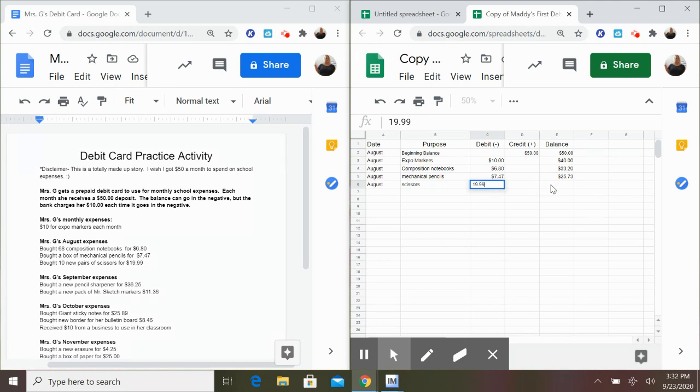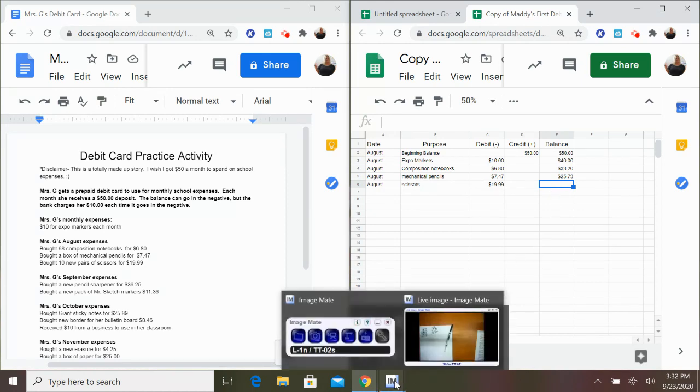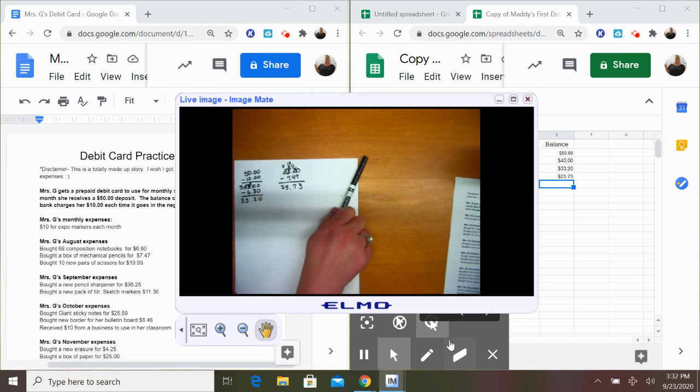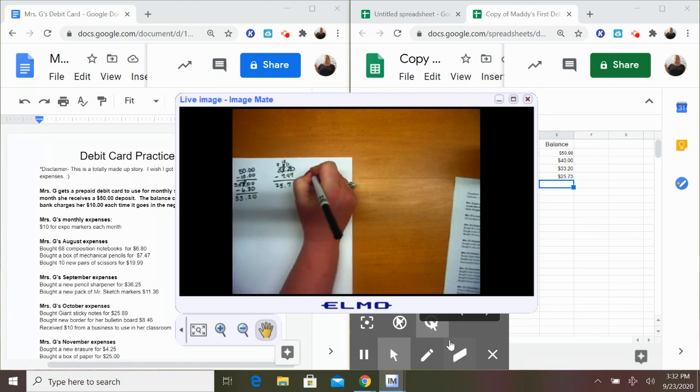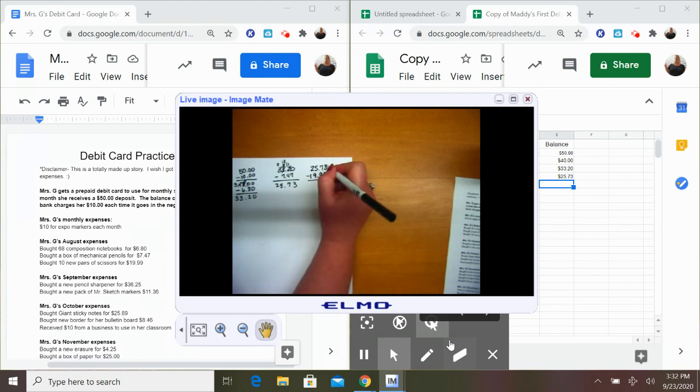That was a good deal. So I'm going to come over here, go back to my paper, and my last balance was $25.73, so I'm just going to write it over here so I can see very well, and I'm subtracting $19.99, and I'm just going to come over here and do the math.